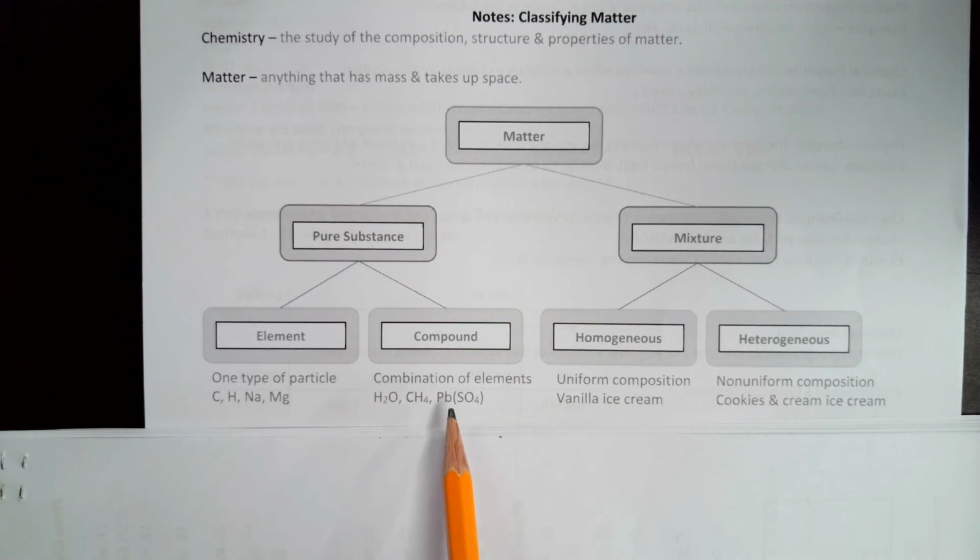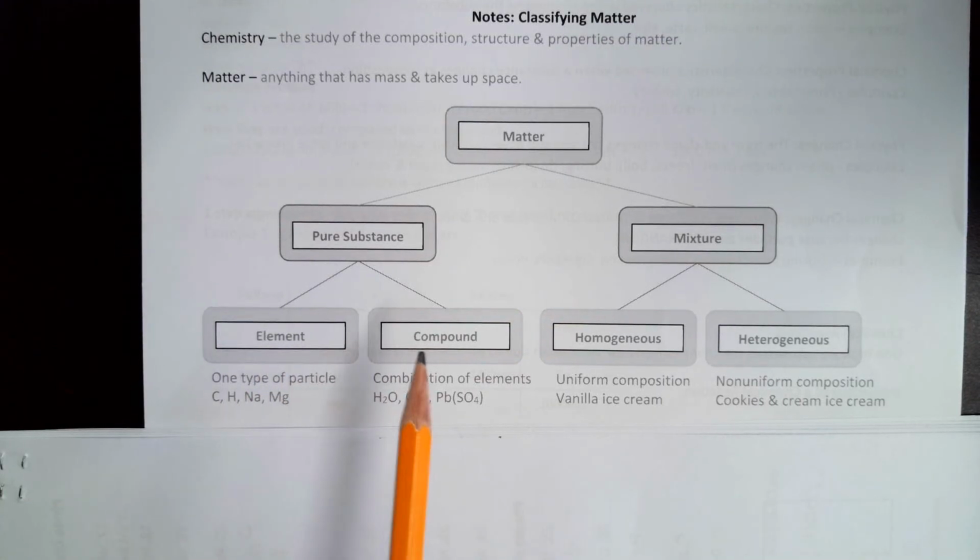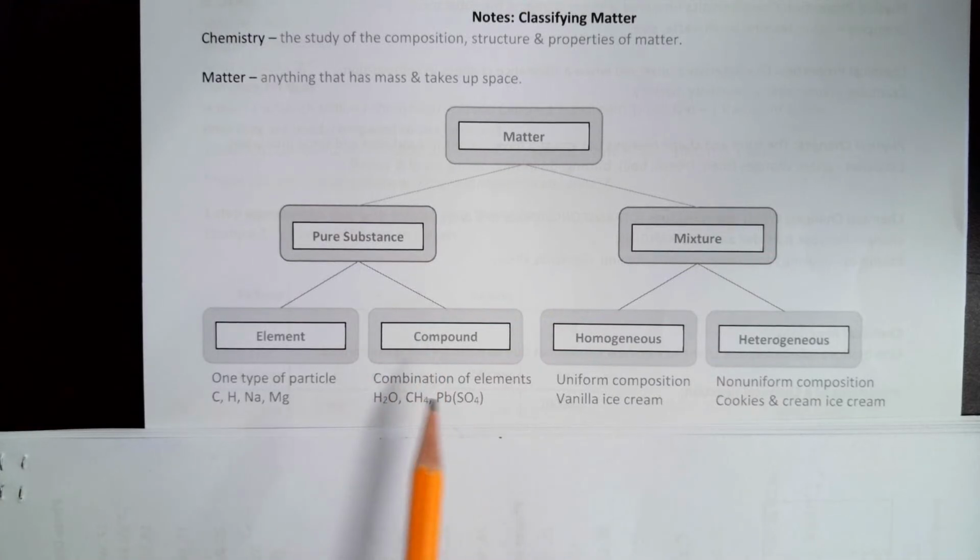And then we have lead II sulfate. This is a compound because it has lead, sulfur, and oxygen. So again, an element is a single particle. It's on the periodic table of elements. When you take those elements and combine them, that's where you end up with a compound.